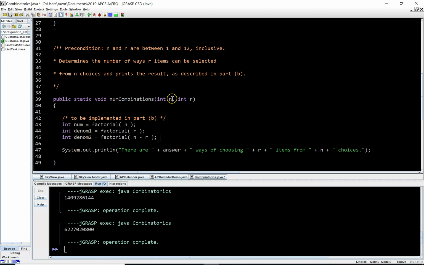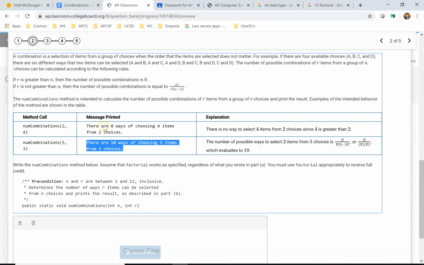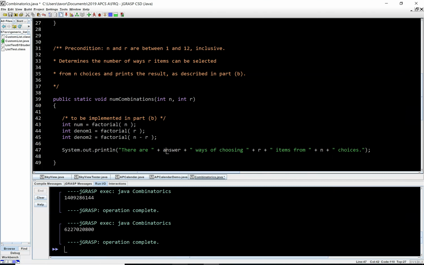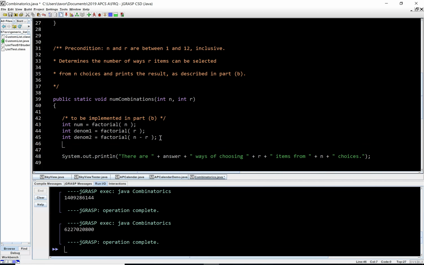Now, when r is bigger than n, answer should be 0. That corresponds to this test case right here. There are 0 ways of choosing 4 items from 2 choices. In this case, n is 2, r is 4, and 4 is bigger than 2, and so 0 ways. And so I'm going to say here, let me write this, something like this.